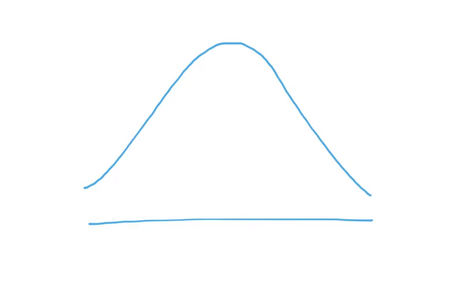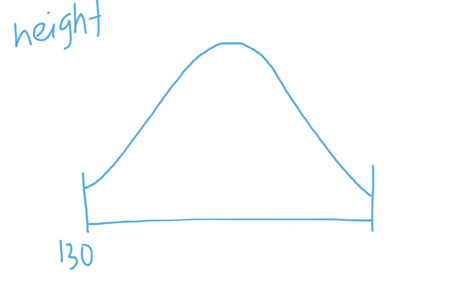Let's say this is a normal distribution about height. The lowest height is 130 cm, the highest height is 190 cm, and the mean of this height, in the middle here, is 160 cm.